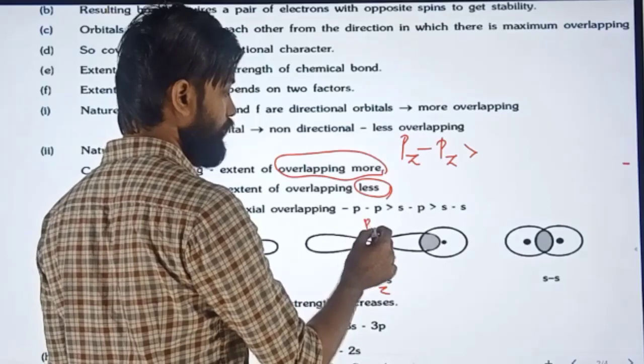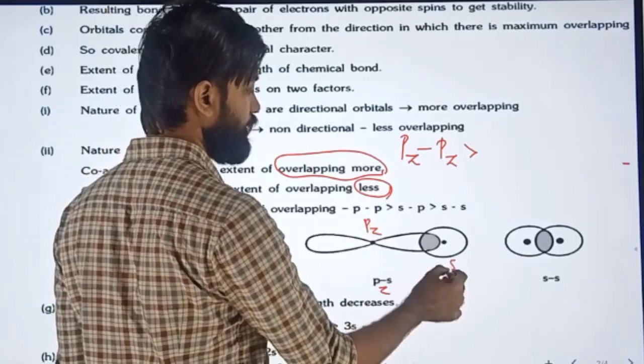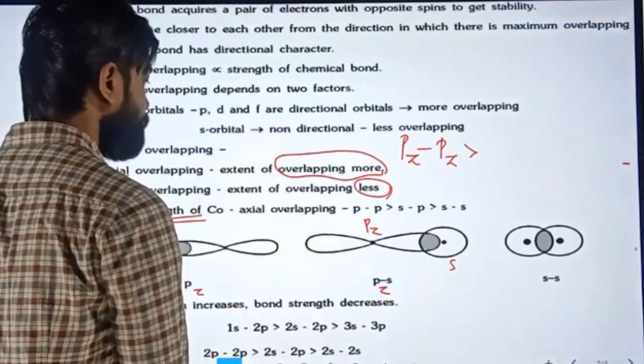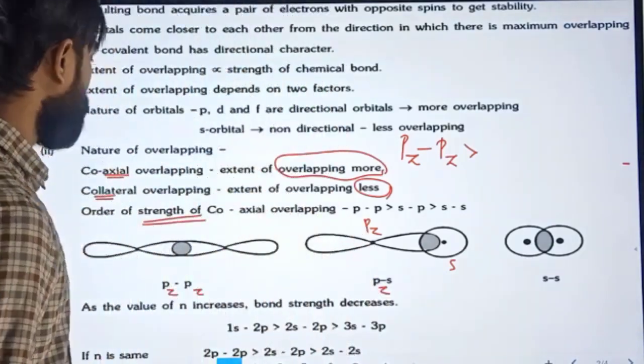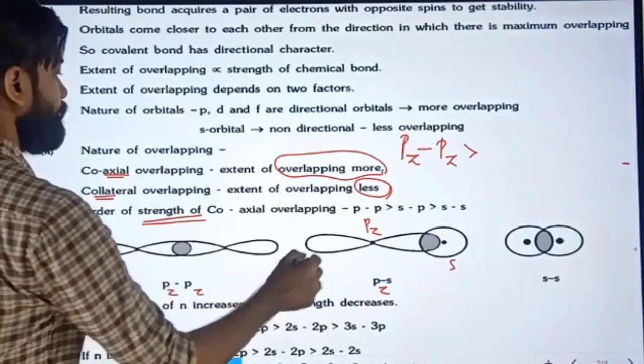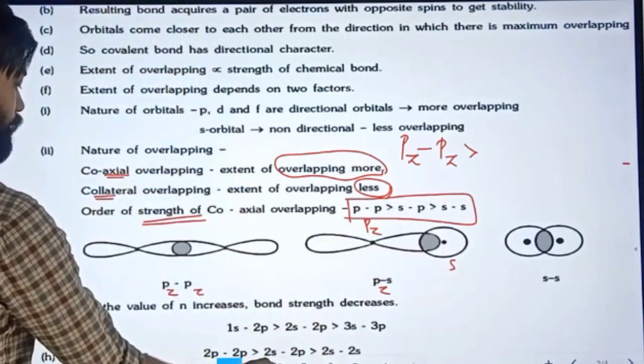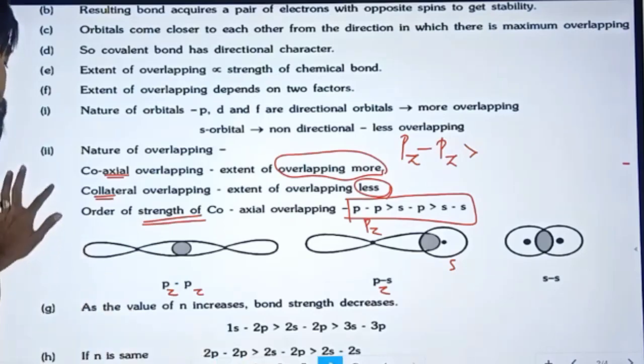This is a pz orbital, and this is an s orbital. Which has greater extent than s-s overlap. Okay, so this is the order.